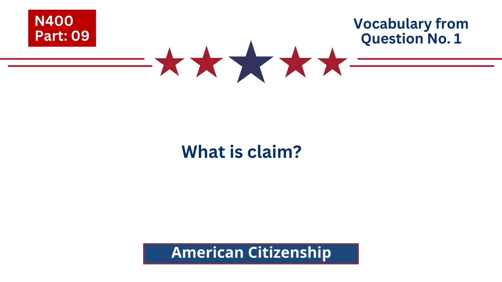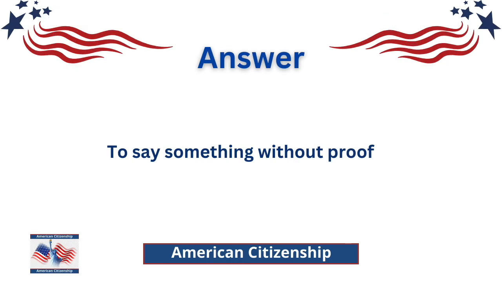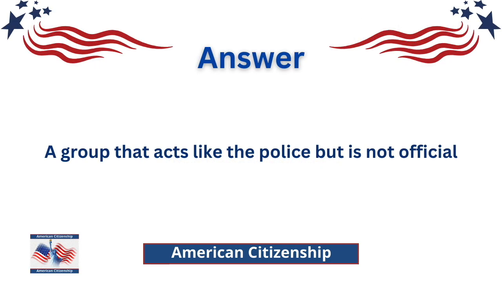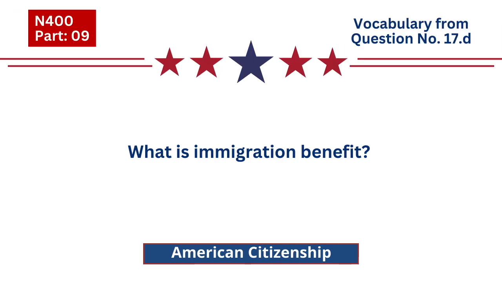What is claim? To say something without proof. What is vigilante unit? A group that acts like the police, but is not official. What is immigration benefit?